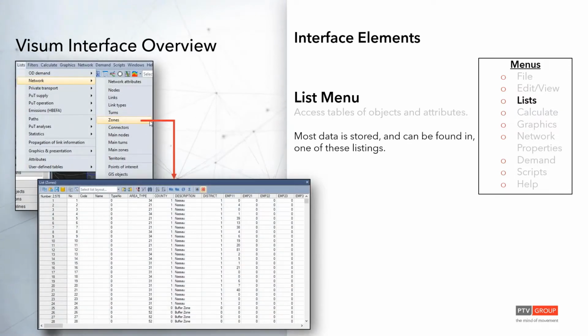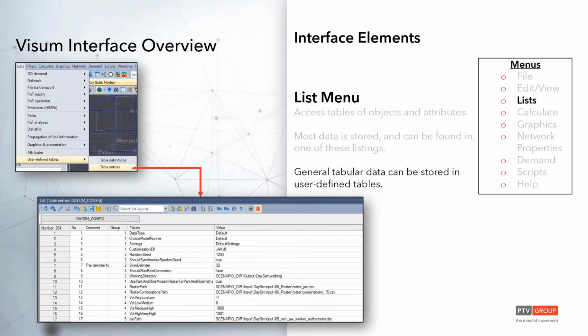For example, here we are showing that if you go to network, you can access the list for zones. When you click on that, it opens the zones list where you can see all the zone level attributes, both the attributes that are there in Visum, such as zone ID and type number, and user-defined attributes, such as county or land use data. That is how you would access any data associated with any of the network objects in Visum.